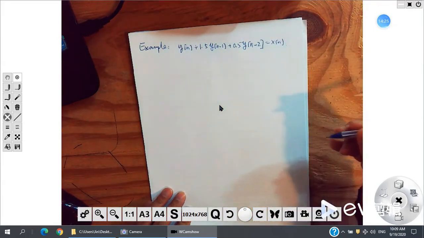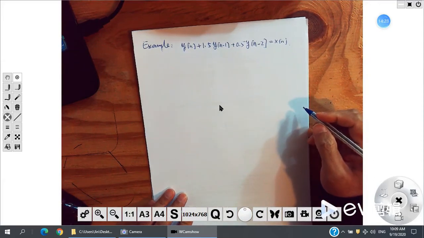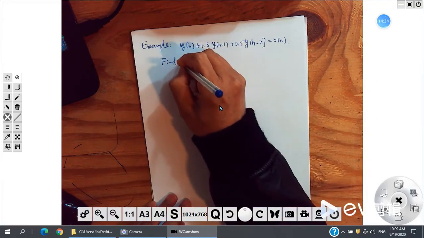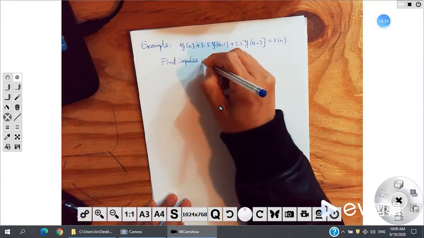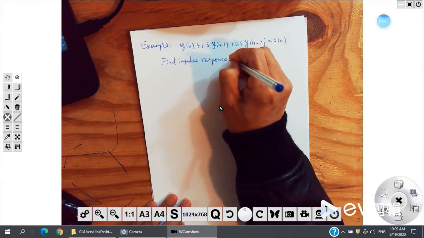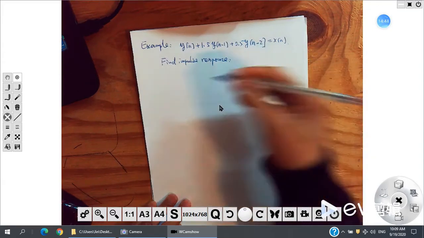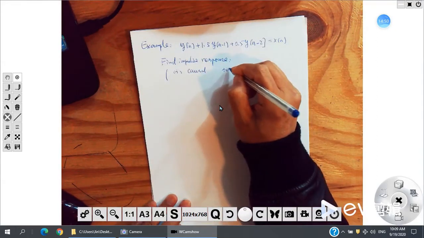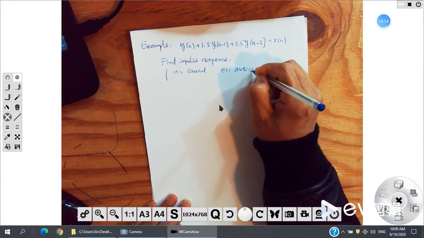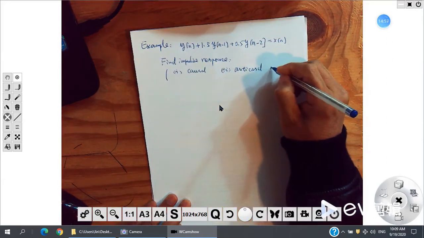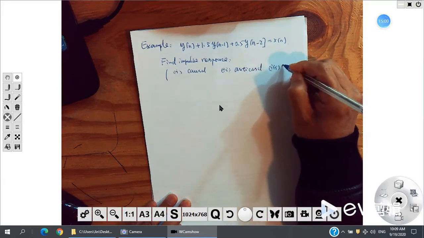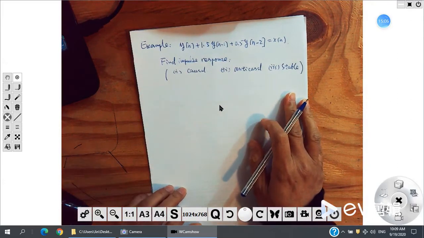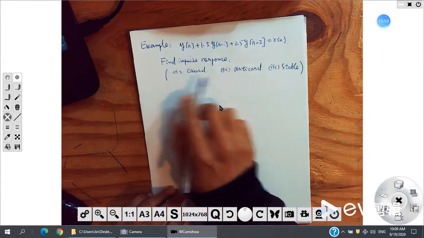Now consider this system, and we want to find the impulse response. And we have some requirements. The first one, we want it causal. The second one, we want the system anti-causal. And the third case, it is stable. Suppose we have these three requirements, then what will be the impulse response in each case?